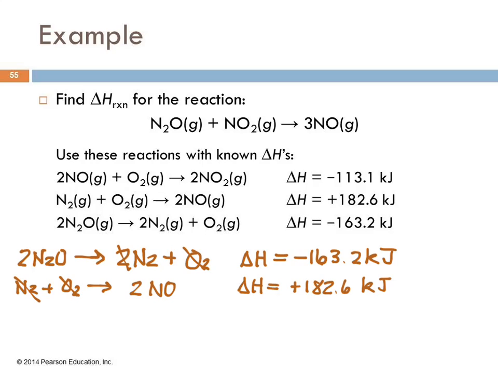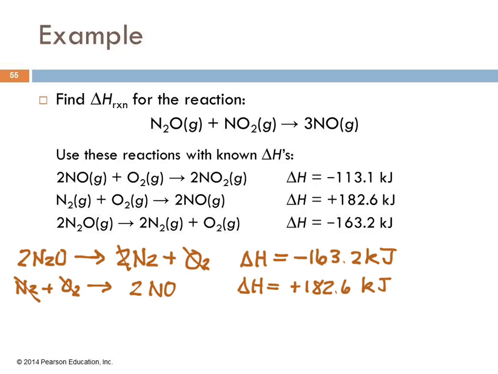So it's a stepwise thing. So the two N2Os made two nitrogen molecules and one oxygen molecule. One of those nitrogen molecules and one of the oxygen molecules went on to react to form two NO molecules. That always looks like no to me, but, right?